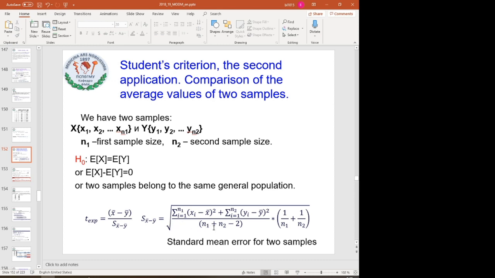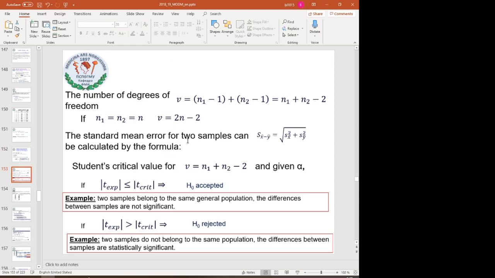This standard mean error variant is used when variances of x and y are the same. We can check it using Fisher's f-test. Another variant of standard mean error for samples with different variances is here.